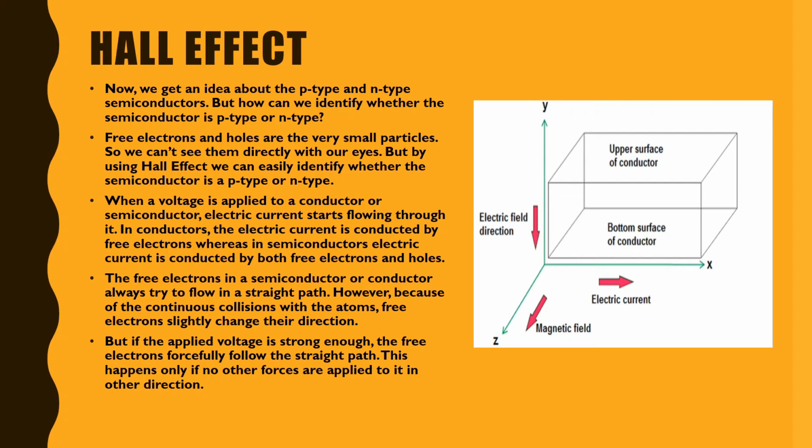And this happens only if no other forces are applied to it in another direction. Now you can see a diagram which is given here. If we apply a force in the other direction using the magnetic field, then the free electrons in the conductor or the semiconductor start changing their direction.